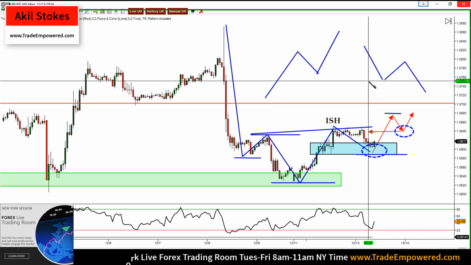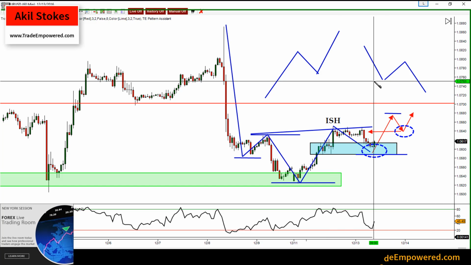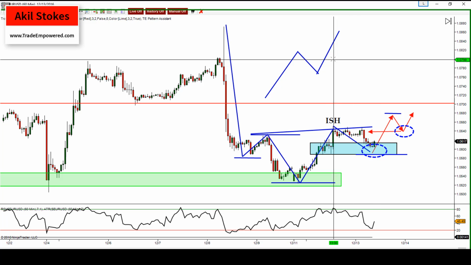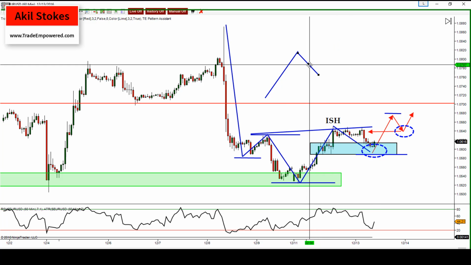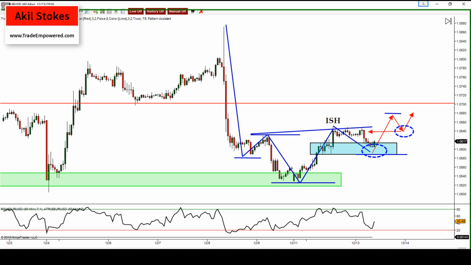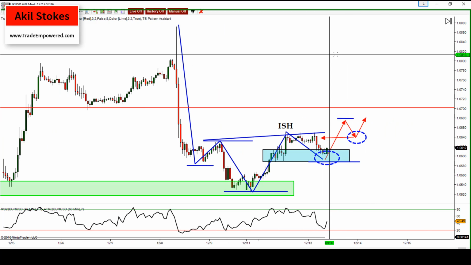So 3-point move, 1, 2, 3. Think like an ABCD pattern, but it doesn't technically have to be an ABCD pattern. That's a great teaching moment, Akil. Good job. That makes no sense to anyone that's new. Think like an ABCD pattern, but not like an ABCD pattern. Yeah, 3-point move there. All right, pretty cool.